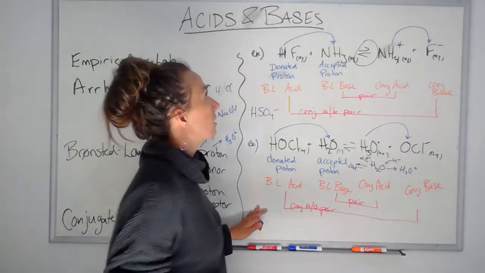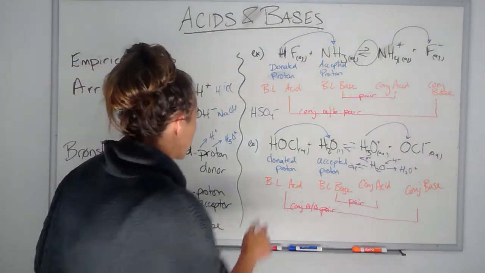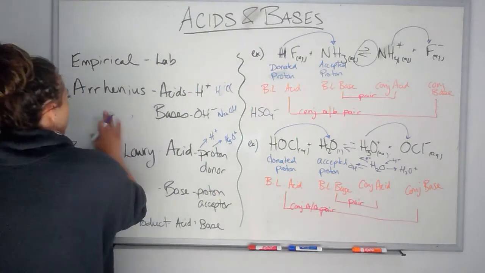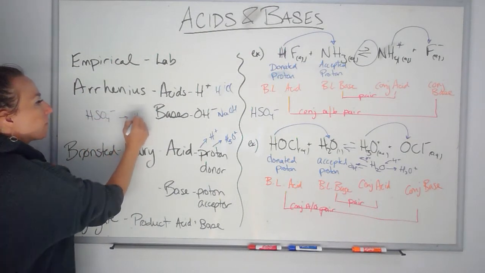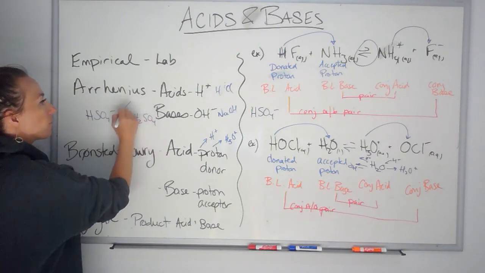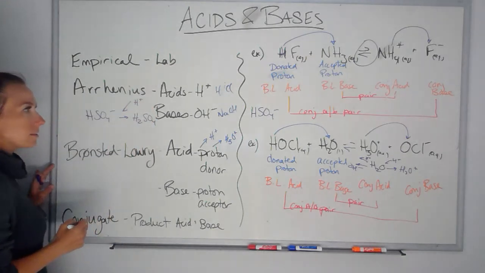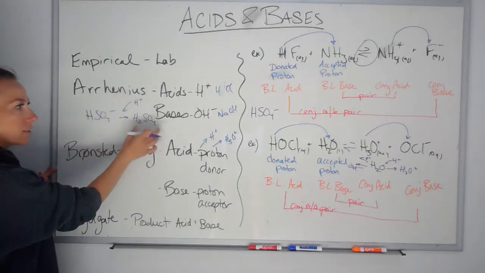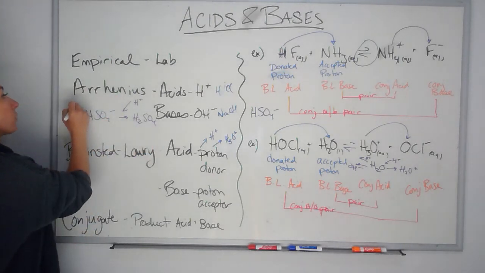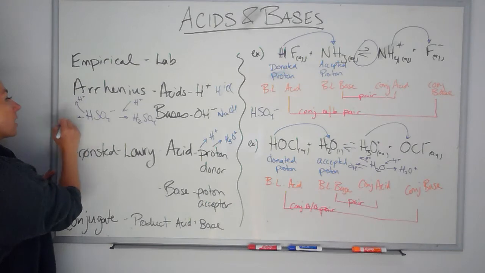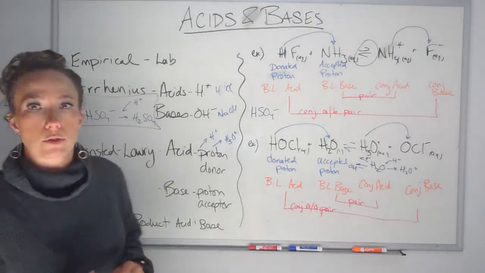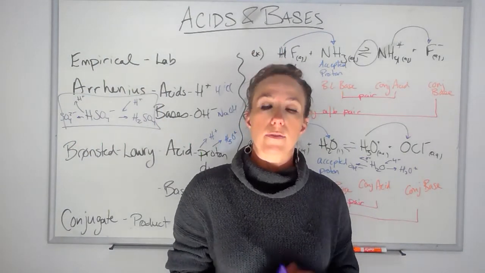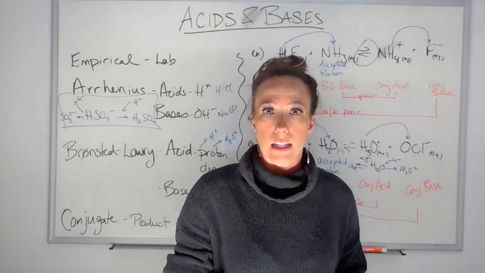HSO4-. So HSO4- could become H2SO4 if I pop on an H+. So the plus and minus neutralized each other and became that. Or it could give away an H+ and then it would become SO4 2-. So here's just playing around with donating protons and accepting protons in terms of a Bronsted-Lowry acid or a Bronsted-Lowry base.